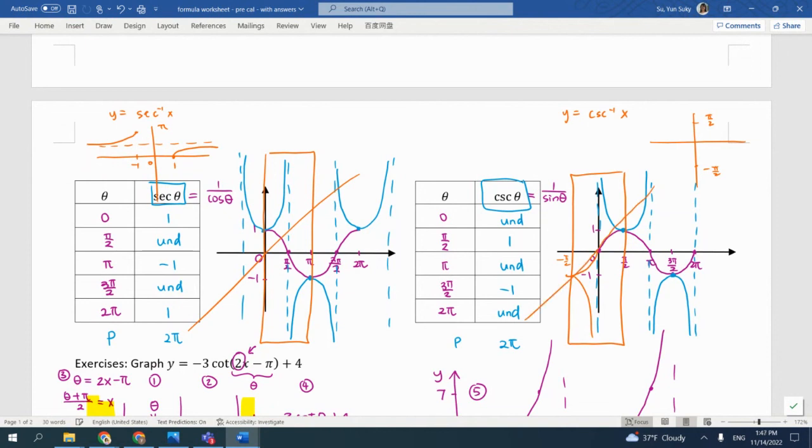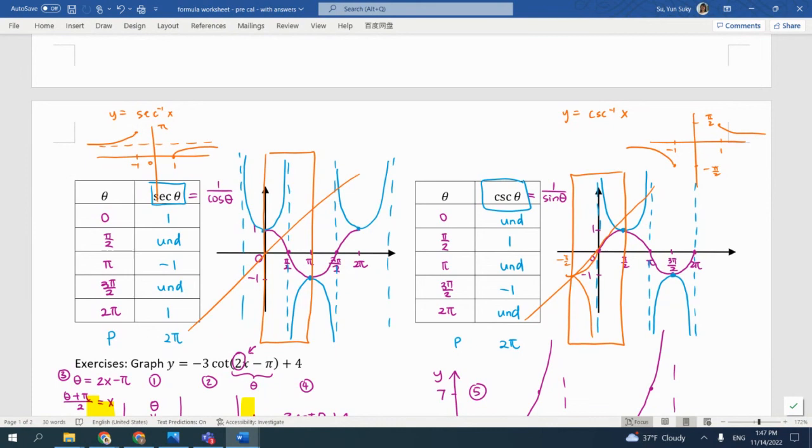Flip it over the line y equals x. Therefore, this point is about there again. This is at -1, and that point still there, so this is 1. And you get something like that. So this is the graph of arccosecant. Okay, everybody?